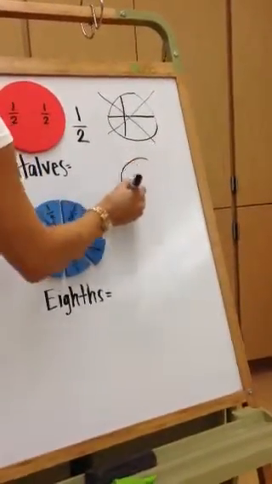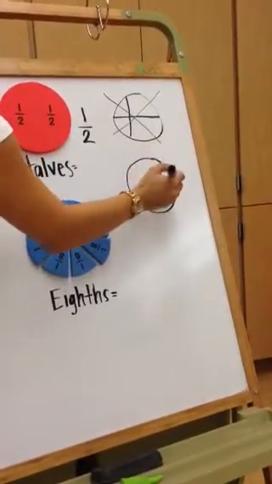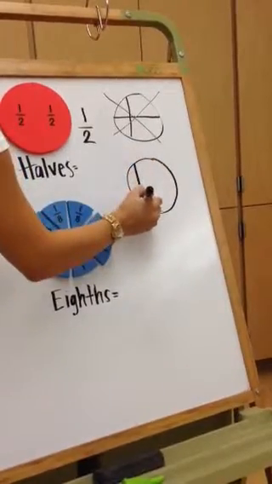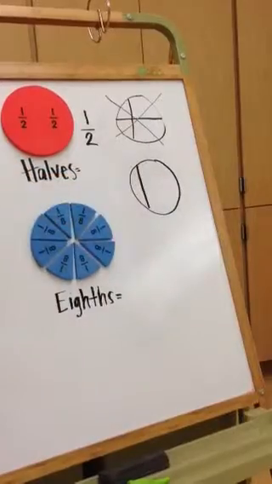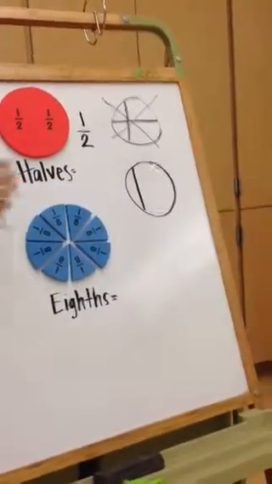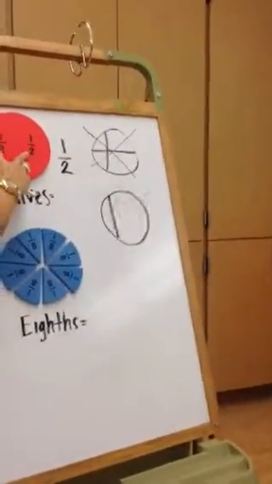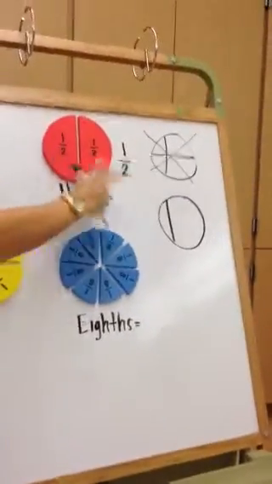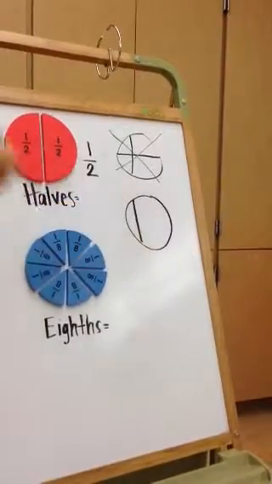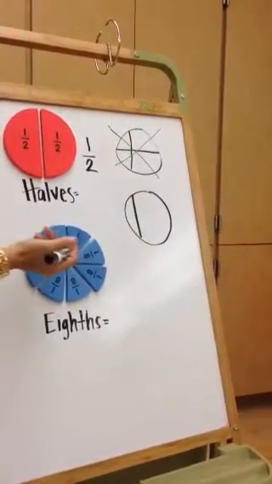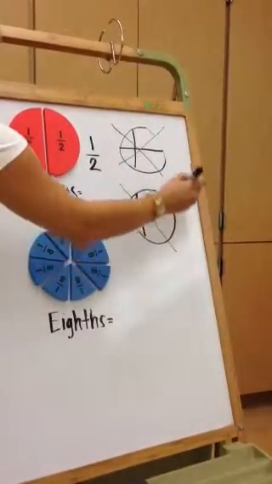Let's try another one. Here, I've cut this circle into 2 parts. Again, this does not look like this because the parts are not equal. As you can see, the part on the right-hand side has more space. So this would not be an example.